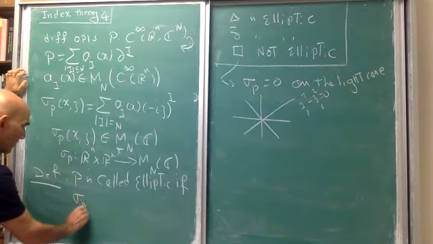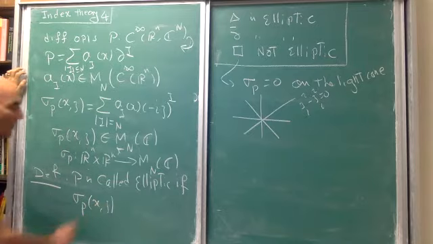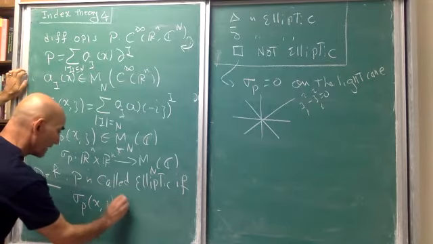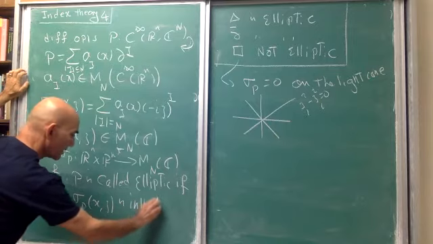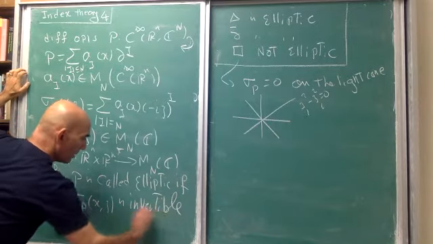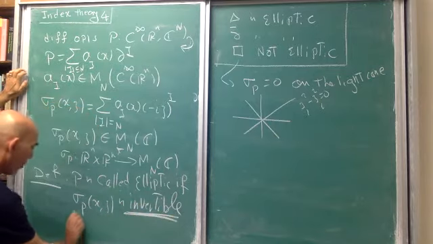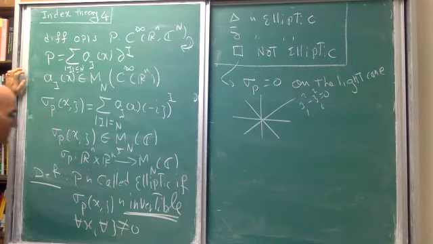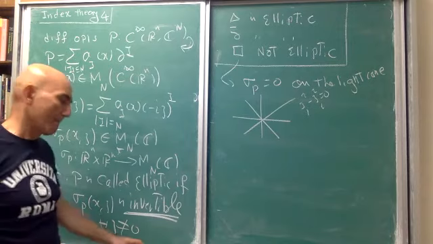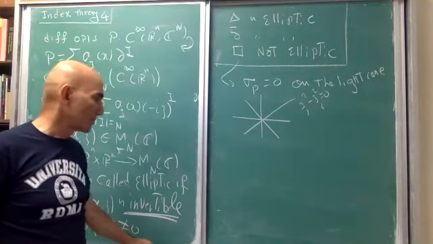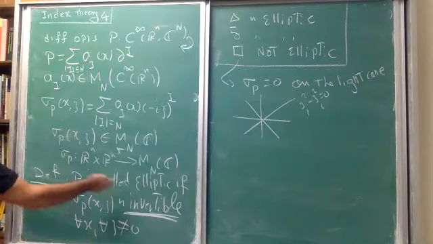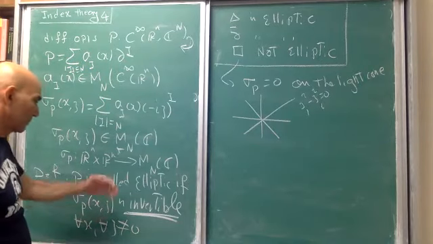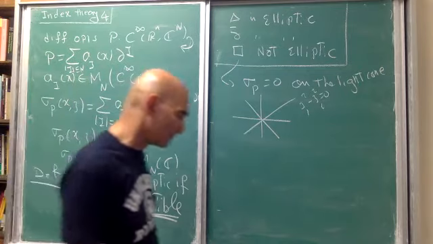I mean, different from 0 means invertible. So it is an invertible matrix for all x, for all ξ different from zero. So this is now a good definition for us of elliptic operators. It should satisfy this condition.